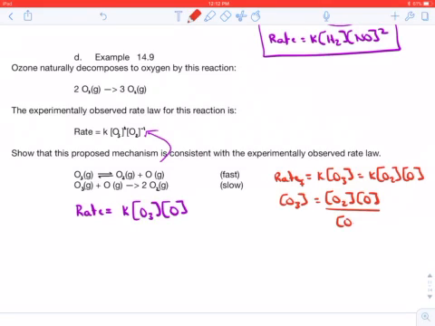So we're going to divide each side by the concentration of O2. And so we know the concentration of O is equal to O3 over the concentration of O2.